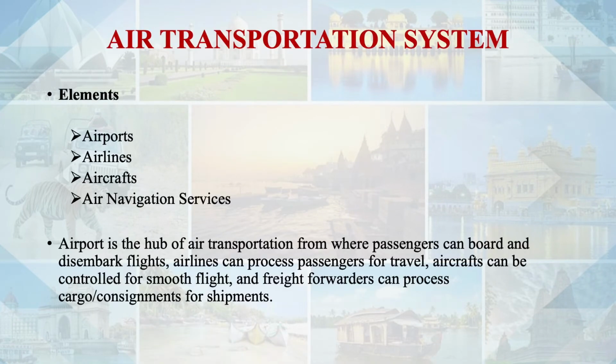Airport is the hub of air transportation from where passengers can board and disembark flights. Airlines can process passengers for travel, aircraft can be controlled for smooth flight, and freight forwarders can process cargo and consignments for shipments. All processes can be undertaken using the services and facilities of the airport. So airport is something like a hub, the center of every kind of activity. The details we'll discuss later.